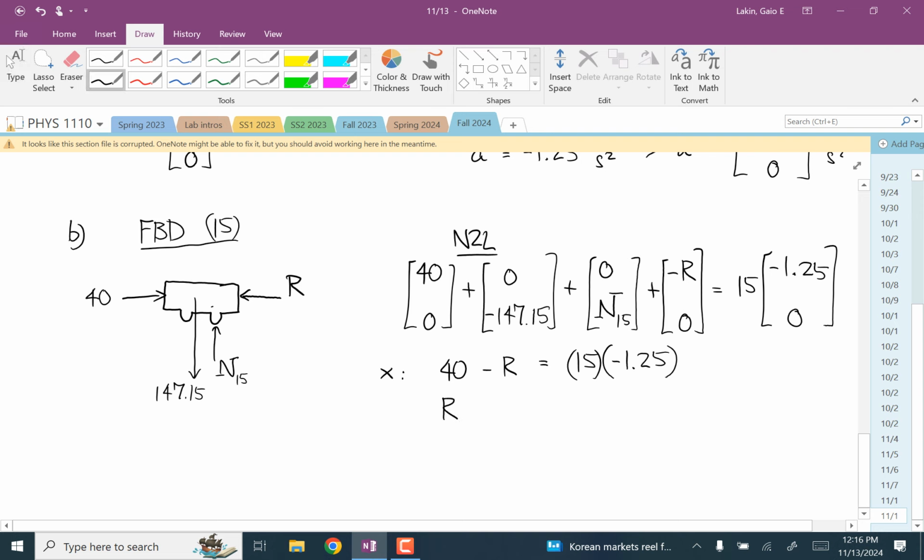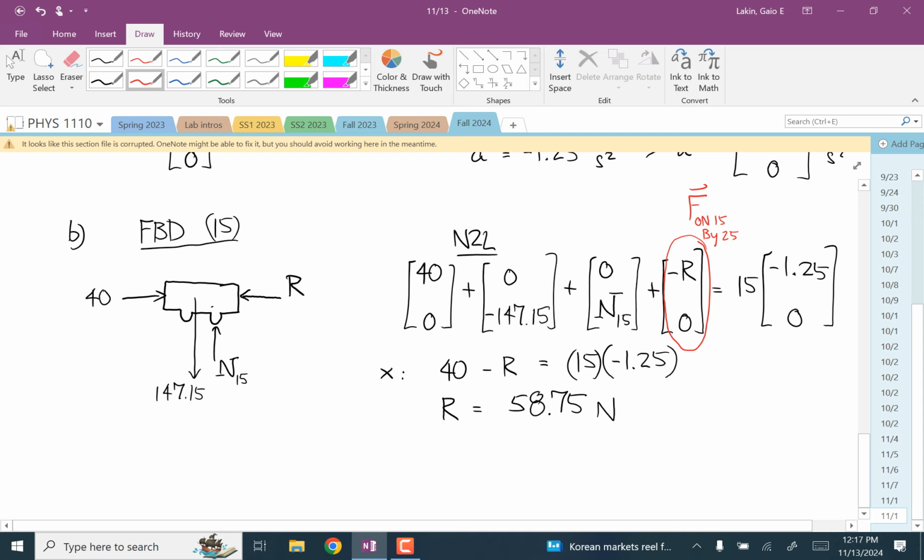And so r is equal to 58.75. Well, what we really want is this force. This is the force on the 15 by the 25.